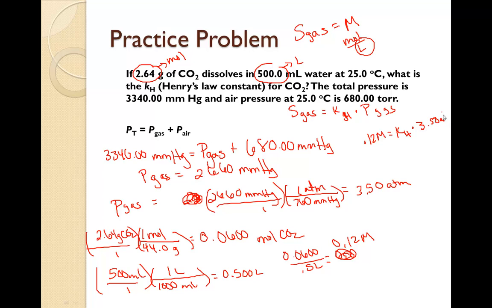Divide both sides by 3.50, the atm cancel, and your Kh comes out to be 0.034 molar per atm. And that's how you solve for Henry's law.